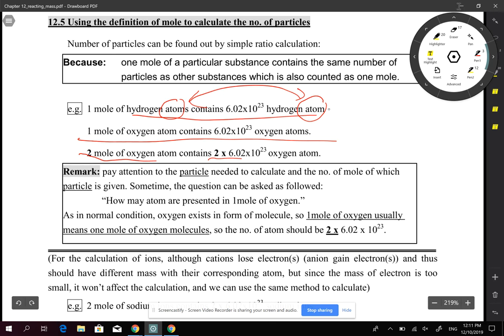For example, how many atoms are present in 1 mole of oxygen? What is the problem in the question? We are asking about atoms, but we are talking about 1 mole of what kind of particles? We are talking about oxygen. Usually oxygen relates to oxygen atom or oxygen molecule. So the tricky point is that you are given particles related to molecules.